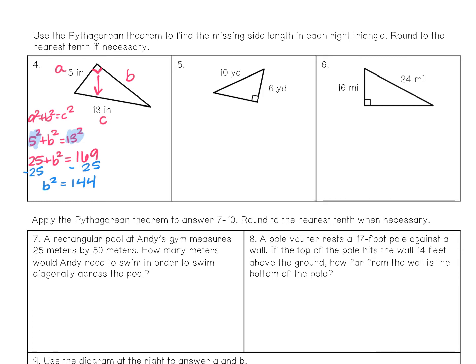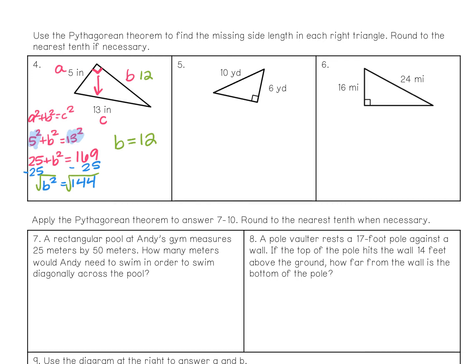So C squared minus A squared equals B squared. The last thing I have to do is take the square root of both sides to get B by itself. So B equals 12. So the legs of this right triangle are 5 and 12, and the hypotenuse is 13.